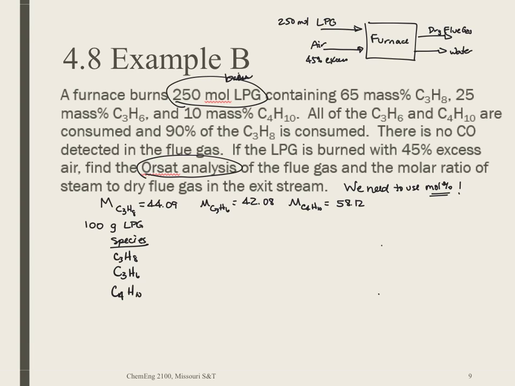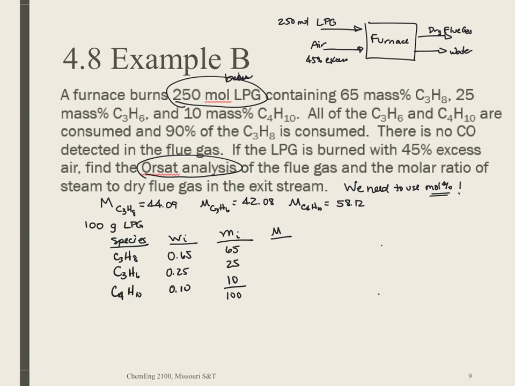The weight fraction for each of those is 0.65, 0.25, and 0.10. If I figure out the mass for each of these based on 100 grams, then I have 65 grams of C3H8, 25 of C3H6, and 10 of C4H10, giving me a total of 100 grams.